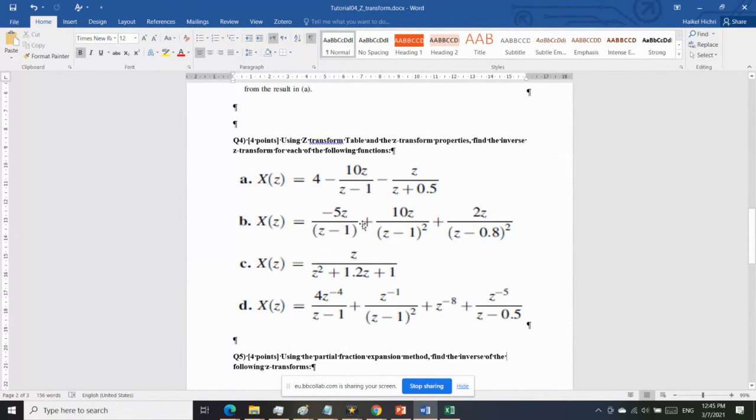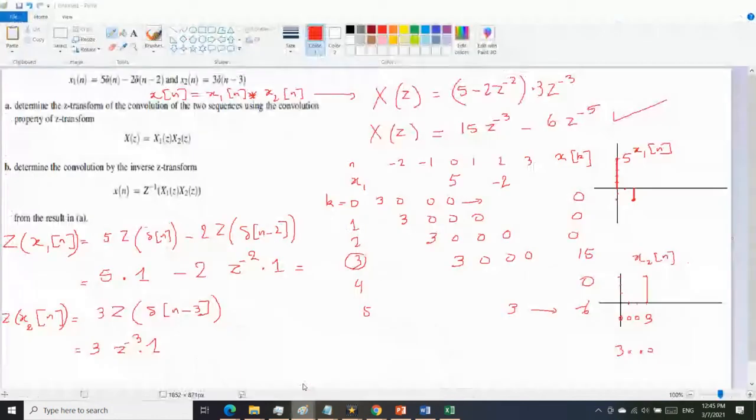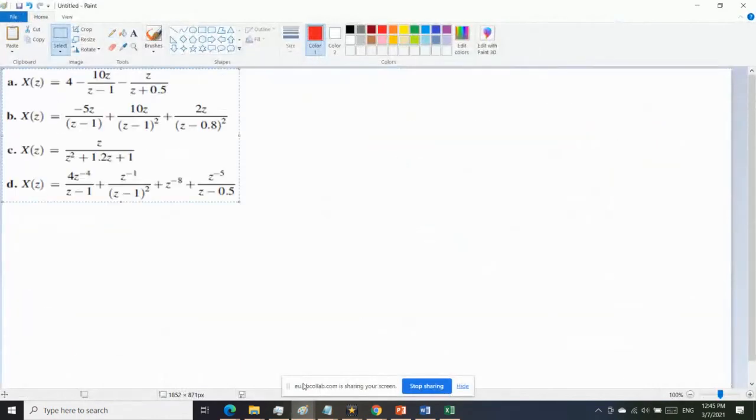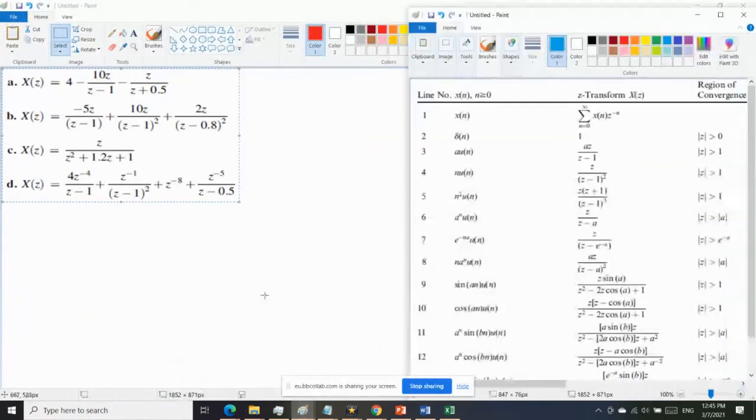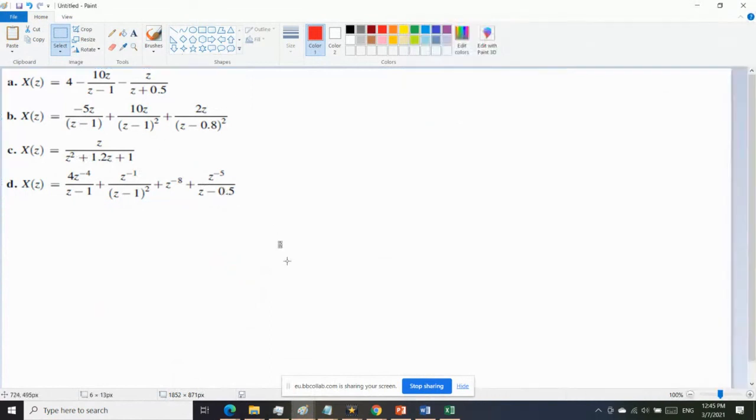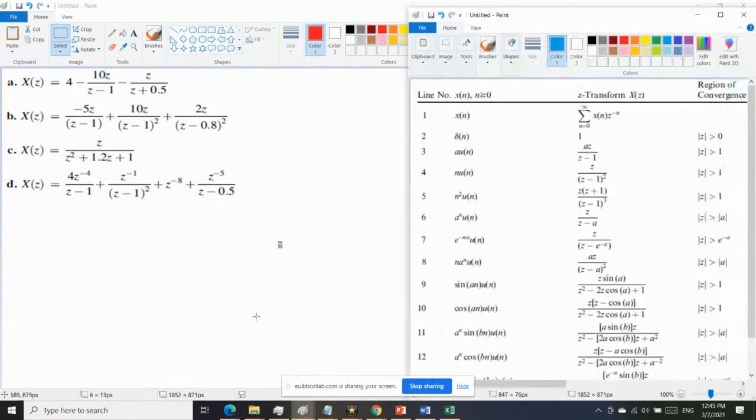What about this one? Of course here we don't need partial fractions, because for this part you can use rule number 3.